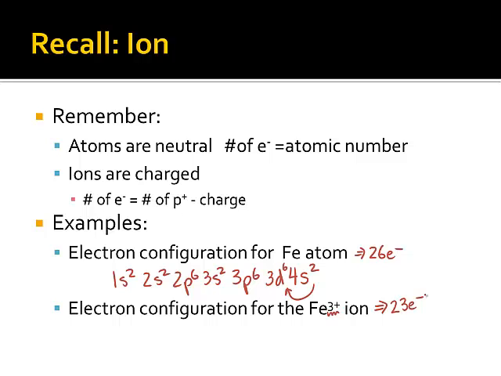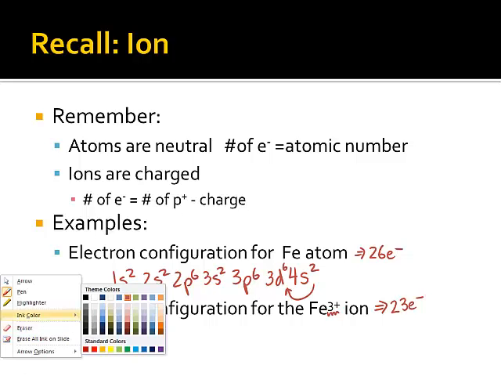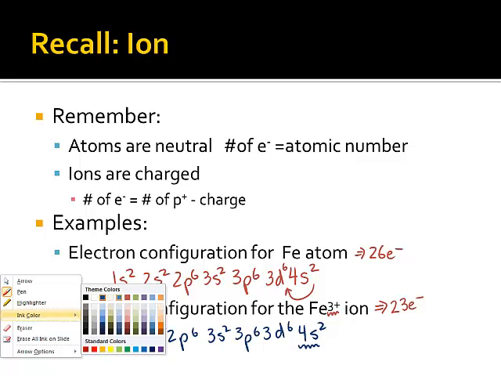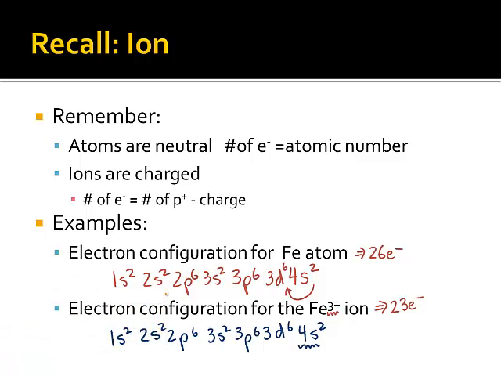Instead, you have to consider that when you steal electrons, you steal them from the outside. So I'm going to quickly rewrite the electron configuration for the atom: 3s2, 3p6, 3d6, and 4s2. These 4s electrons are the furthest ones from the nucleus. So even though they weren't the last ones I added, they're the first ones I cut off.